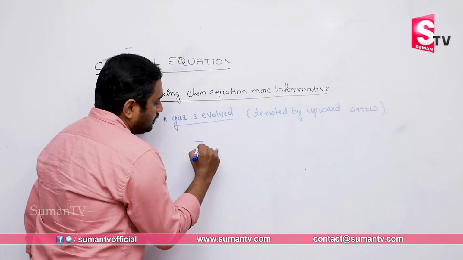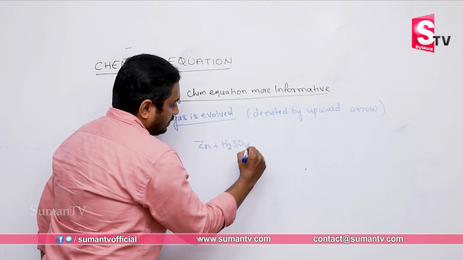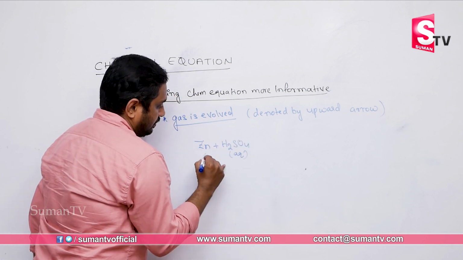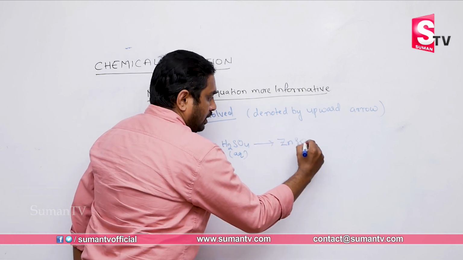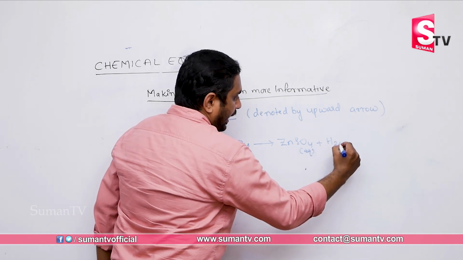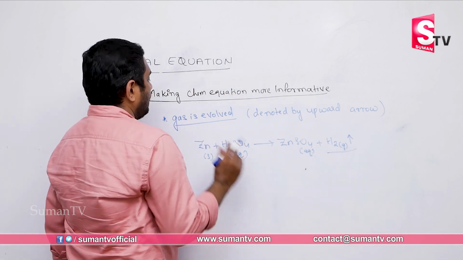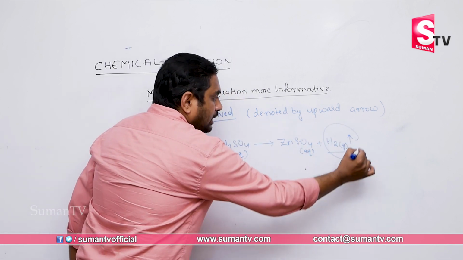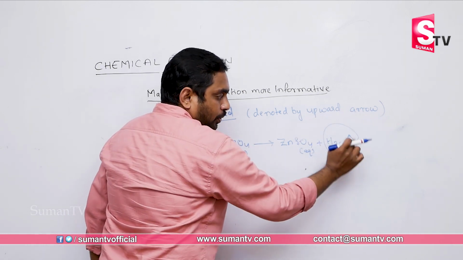For example, zinc reacts with sulfuric acid. It gives zinc sulfate aqueous solution plus it liberates hydrogen gas. Dihydrogen gas is evolved. It is denoted by an upward arrow.